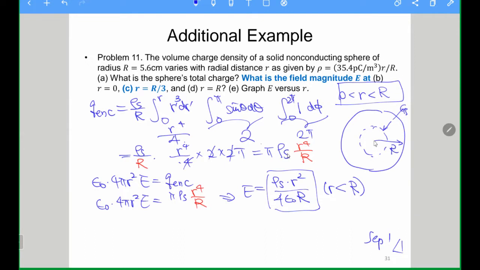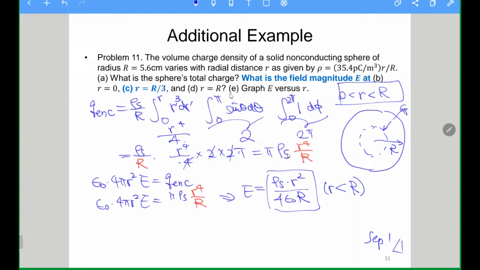Which means that at the center the density is smaller, and close to the radius the density is maximized. So here, when we consider the Gaussian surface to be this small one, we only integrate from 0 to small r rather than capital R.